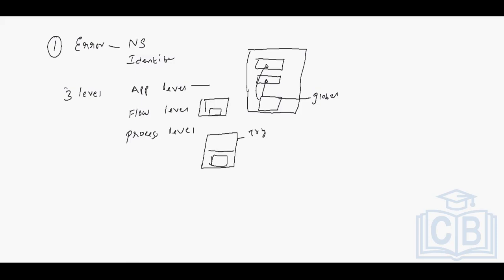Component level or processor level, it's the same. Processor level is the right word. So we'll wrap processors inside this try block, and if any error occurs, it comes to the try block error handler first.